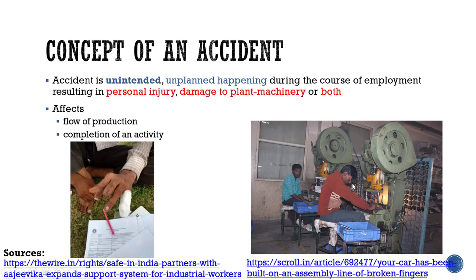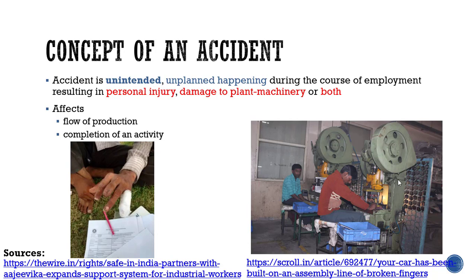If you want to install a pneumatic system with a lot of sensors so that they can detect an obstacle, that means if your hand is in between the motion, then it will automatically stop, that kind of machinery is still not used in India as far as the automobile sector is concerned. Most of the industry depends on this kind of mechanical press because it is cheaper. It costs you around 7 to 8 lakhs.